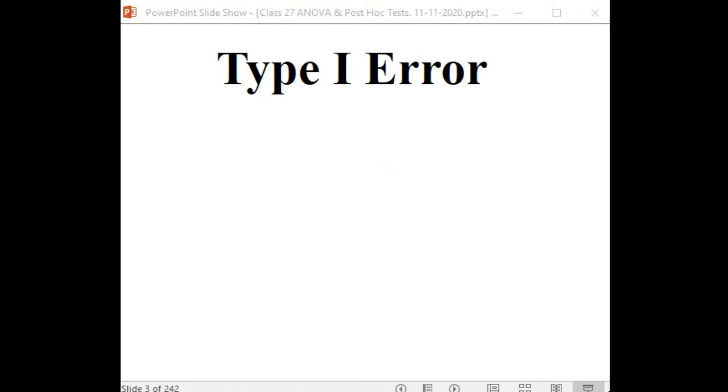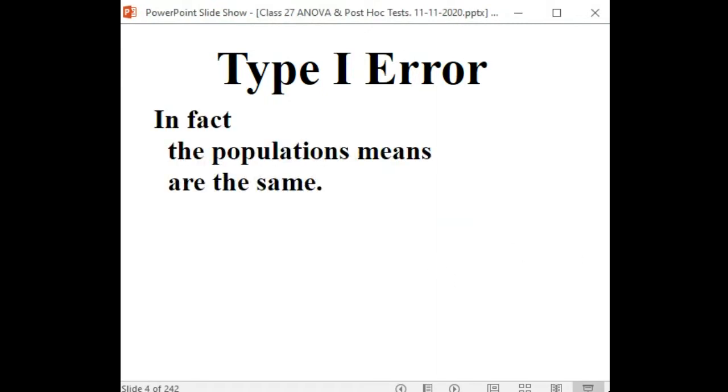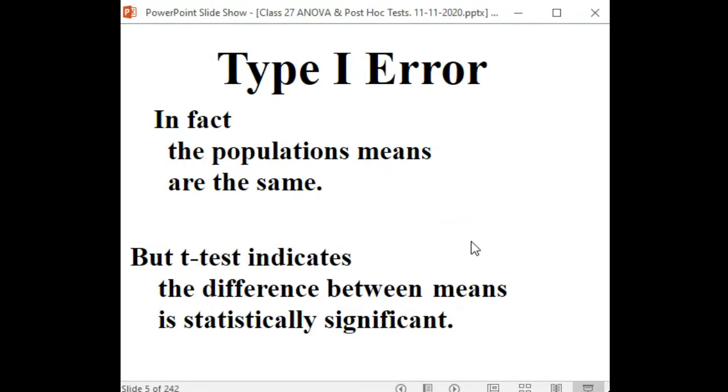There are two kinds of error we can make when we use a t-test to decide whether two means are significantly different. The first kind of error is called type 1 error. This kind of error occurs when, in fact, the population means that we're comparing are the same, but the t-test indicates that the difference between the means is statistically significant.